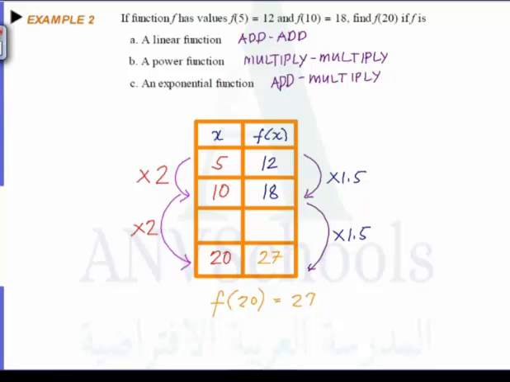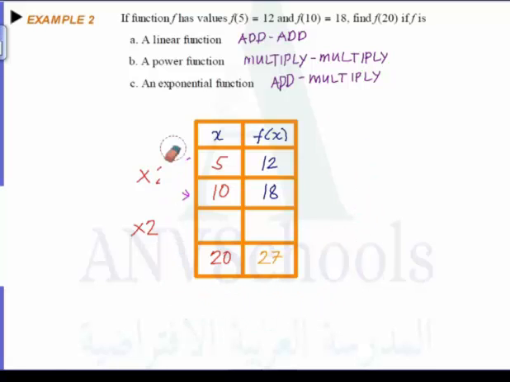What if our function is assumed to be an exponential function? So we're going to erase all of the given values here, and we will start with forming the f of x for x equal to 20. So we're going to erase 27 now. And if it's an exponential function, we should see the pattern of add multiply.